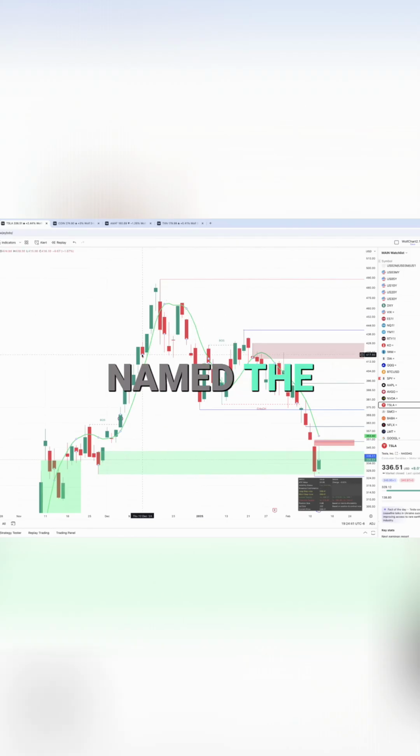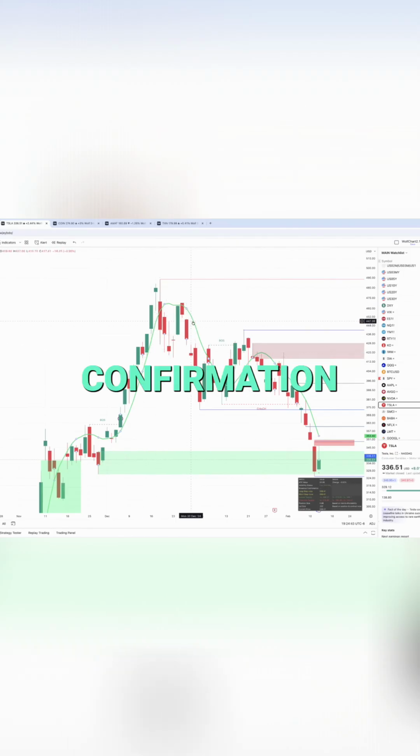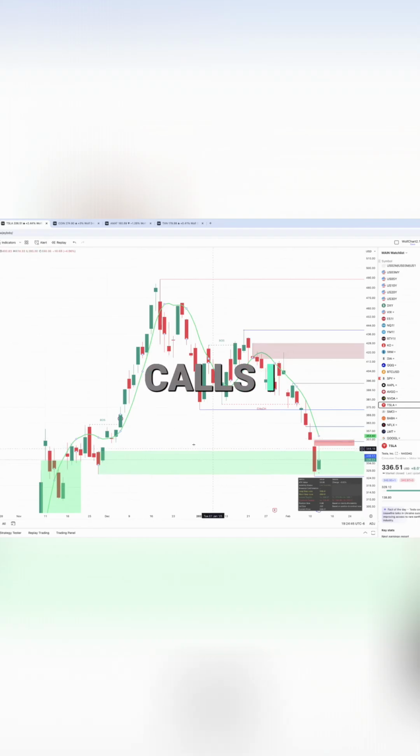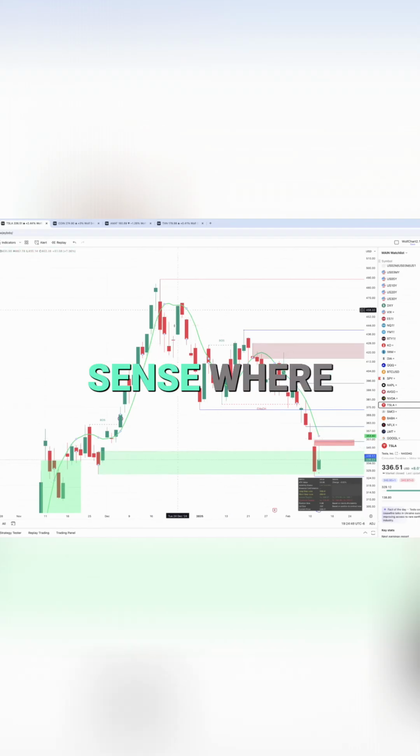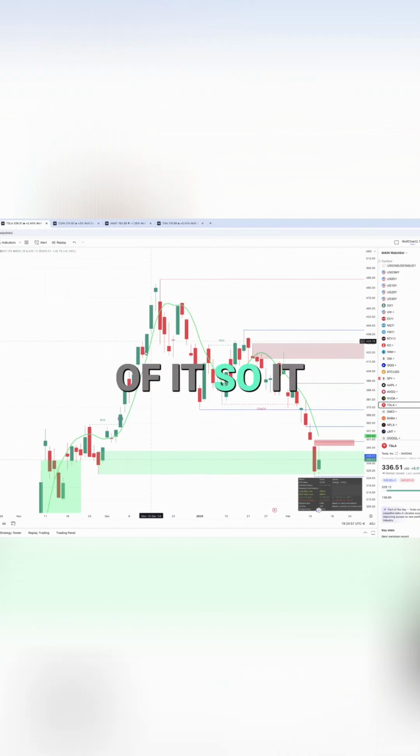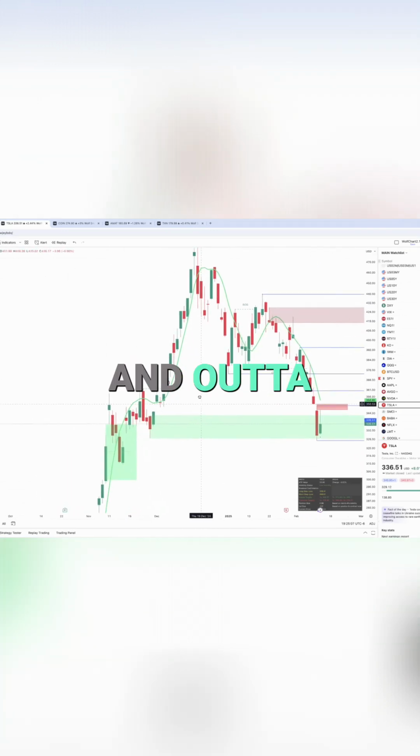So that's why I named the confirmation the arc confirmation, and for calls I named it the inverse arc. So since it can sense where the smart money is in these supply zones and demand zones, and I also put the ATR code inside of it, it knows the average range that each candle on whatever time frame you're on can move. And so it has noise filtering and a bunch of things inside of it to help us get in and out of trades.